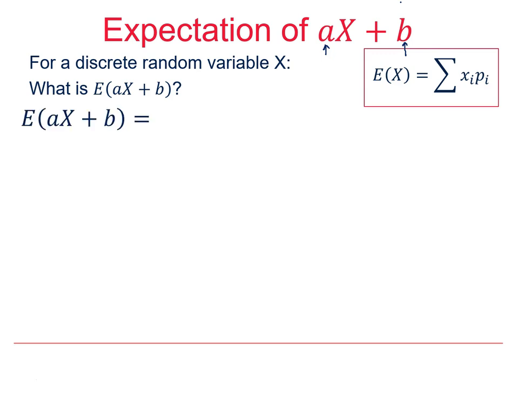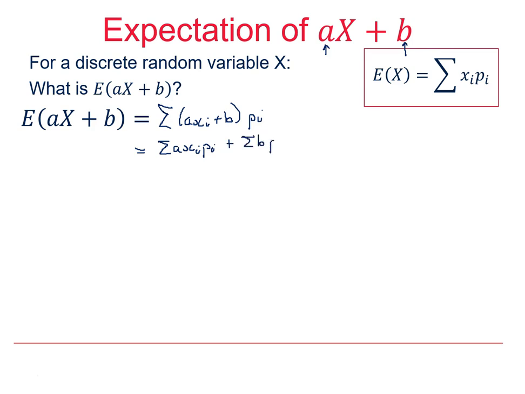Going from the original definition, the expectation is the sum of the value multiplied by the probability, but this time instead of x we have ax plus b multiplied by the probability of obtaining that value of x, and that we can split into two summations and add together.